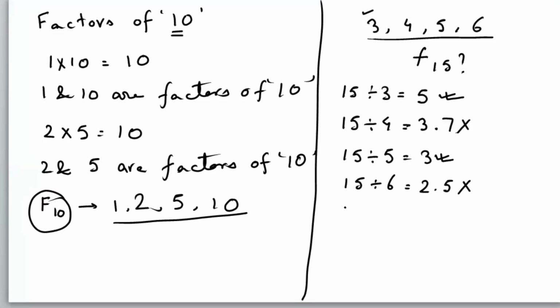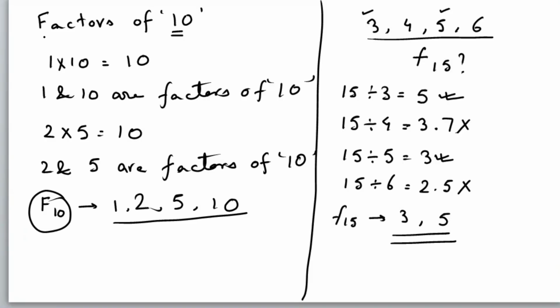So what are the factors of 15 here? It will be 3 and 5. So 3 and 5 are the factors of 15. If the options are given and you have to choose which numbers are the factors of 15, then you can test each number and see if it divides evenly into that number or not.